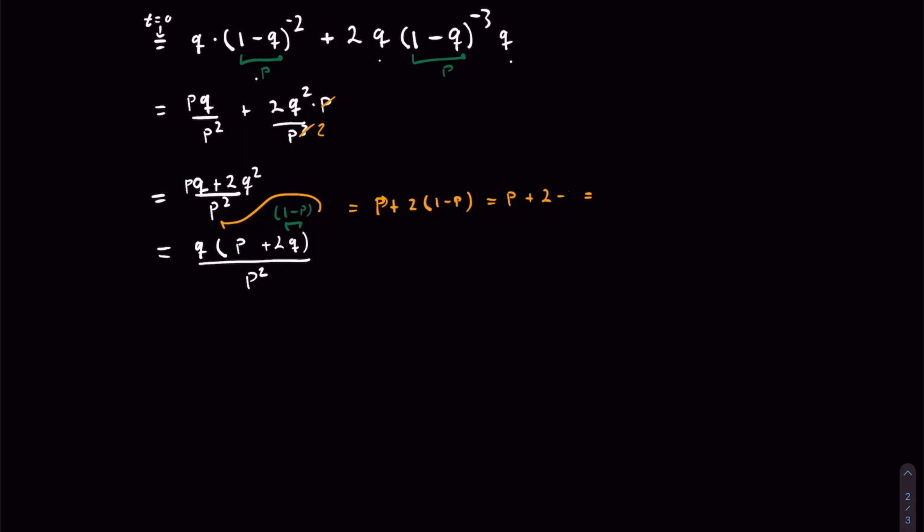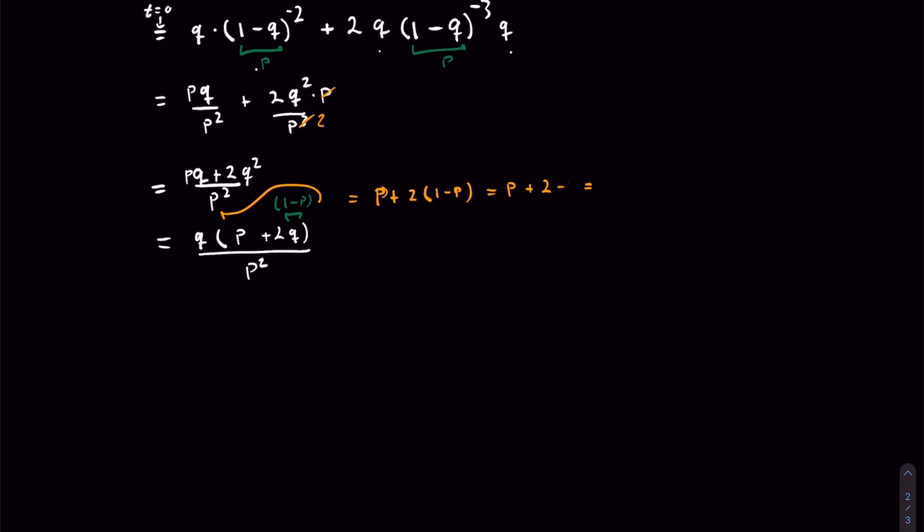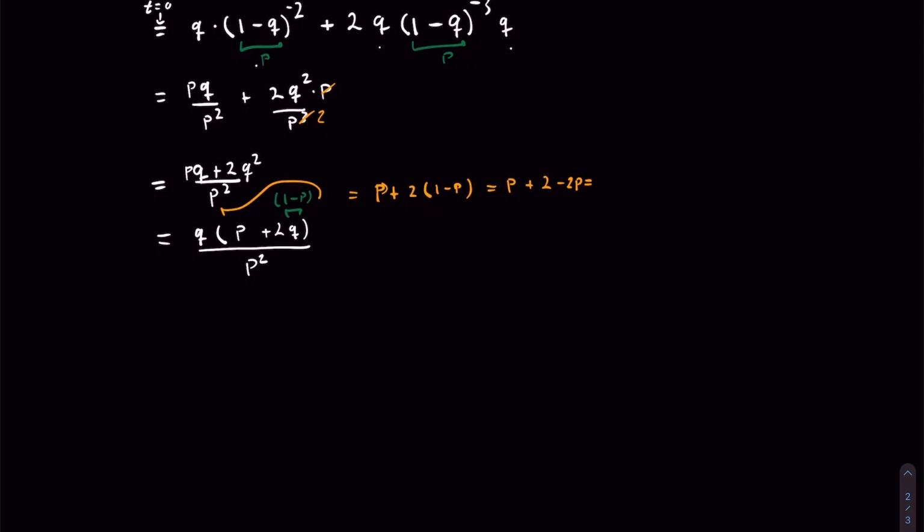This should be a 2 minus 2p, like that. Okay, my bad. And what we are left with here is a 2 minus p, correct? That is the same thing as 1 plus 1 minus p, which is q here. Now we're left with 1 plus q.